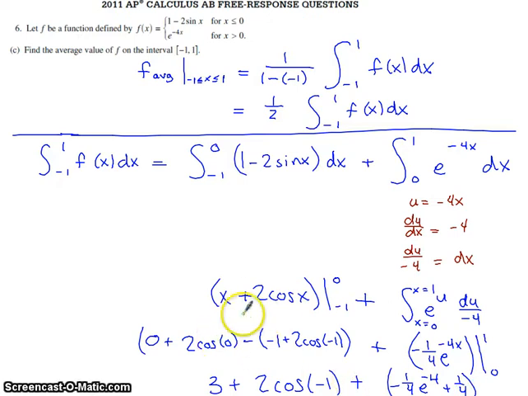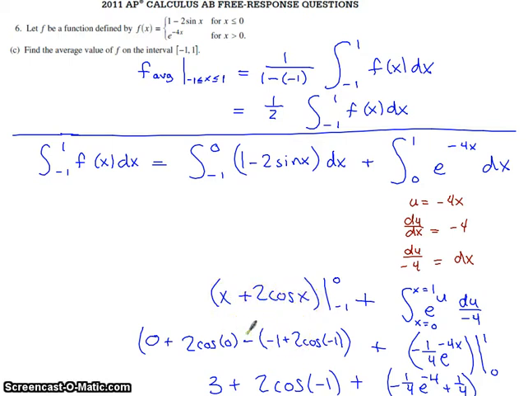And then on the other side, when you evaluate this at 0, you end up with a 0 there, and then plus 2 cosine of 0, and then minus, evaluate this at negative 1, so you get a negative 1 there, and then plus 2 cosine of negative 1.